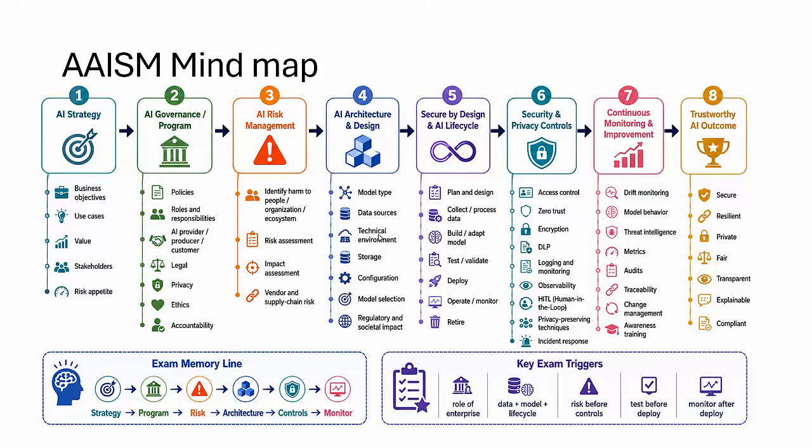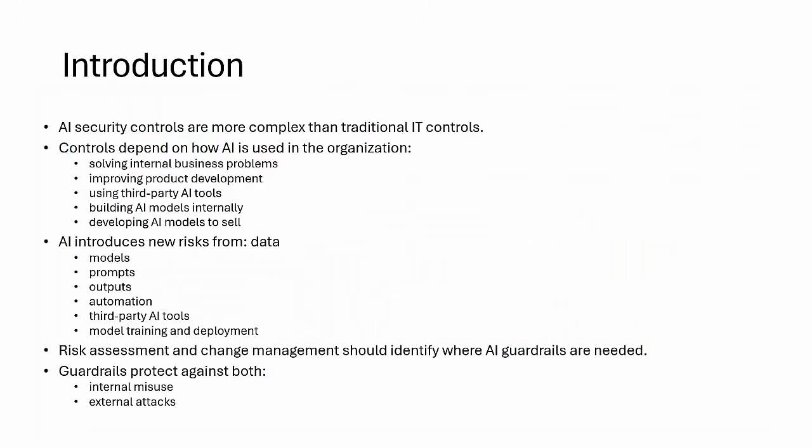Now, when we're talking about AI security controls, they are more complex than IT, because in IT we know a particular output, but in AI we don't know the output. Especially in the case of a third-party AI tool, you don't have any internal visibility into what controls they have. So control depends on how the AI is used in the organization. Is it solving an internal business problem, improving product development, using a third-party AI tool, building an AI model, or developing AI models?